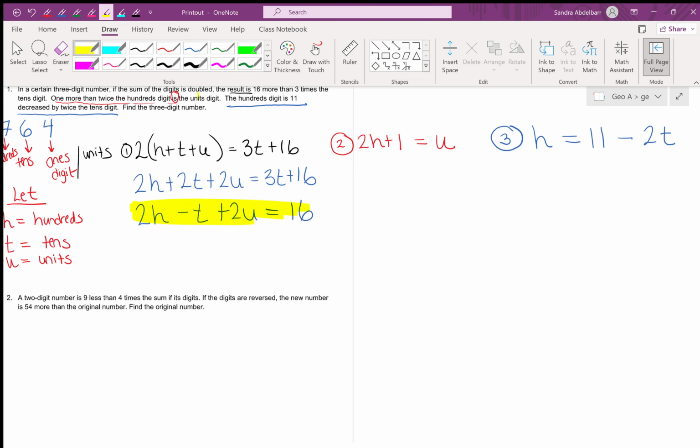That's my first equation in elimination format. All right, the second equation, we need to manipulate things here also. So what am I going to do? I'm going to subtract the 1 over and also subtract the u. So this becomes 2h minus u equals negative 1.